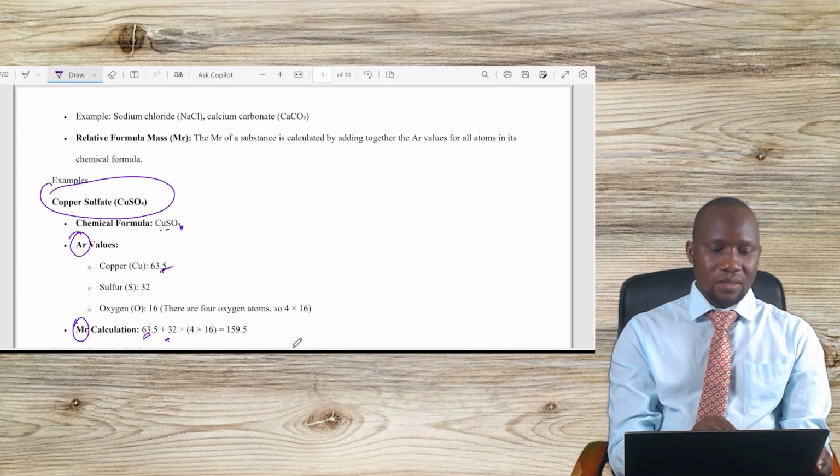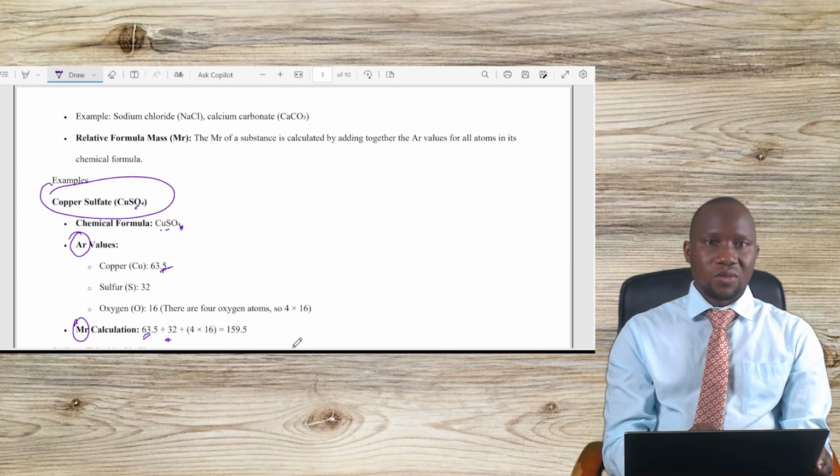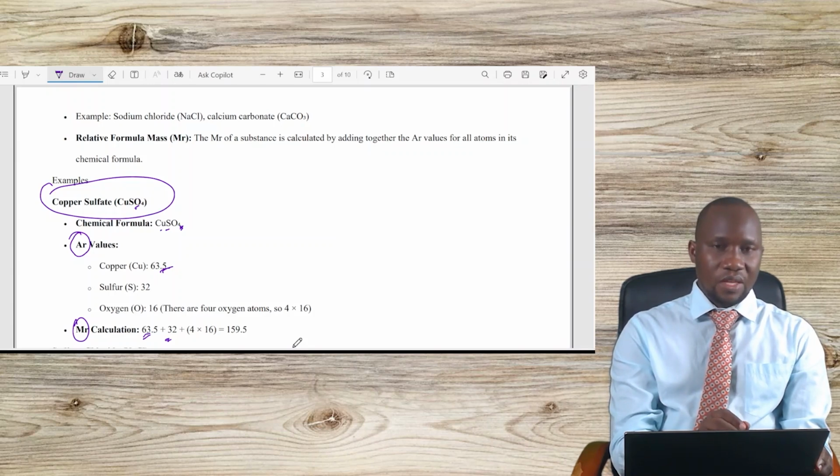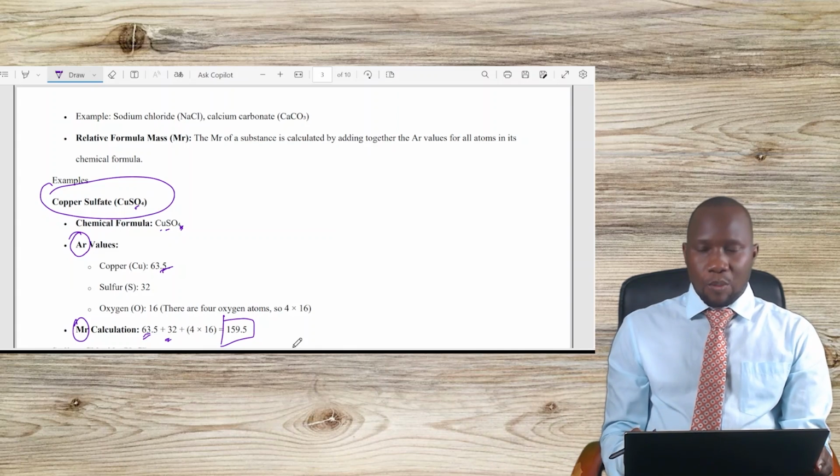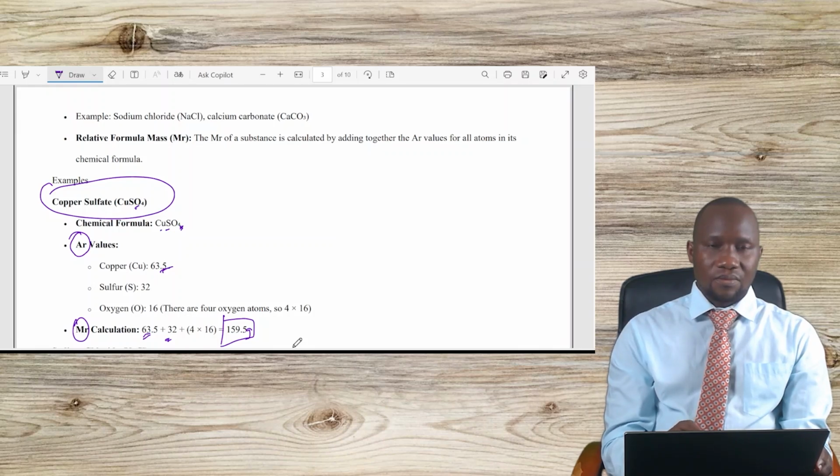Sulfur is 1 atom, so that 1 atom is 32. We come to oxygen. Oxygen has 4 atoms here, so you have to multiply that 16 times 4. So the total that you get is the relative formula mass. Okay, that is the relative formula mass in grams.